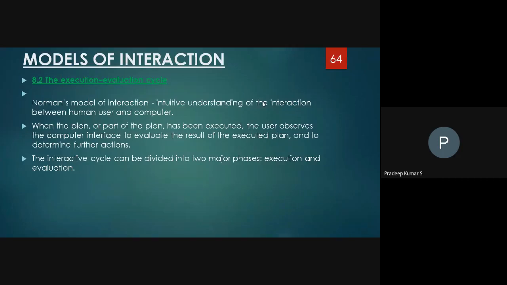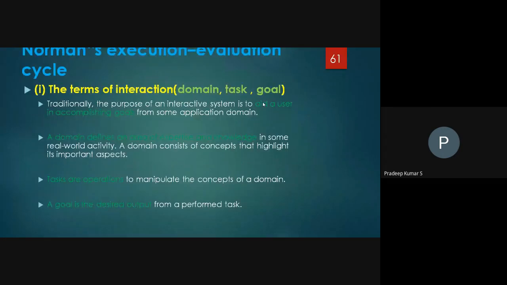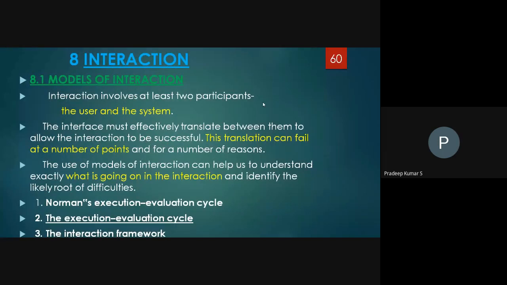So the next topic is the models of interaction, especially the normal execution evaluation model. Two types are there, as I told you previously. One is the normal execution evaluation cycle.